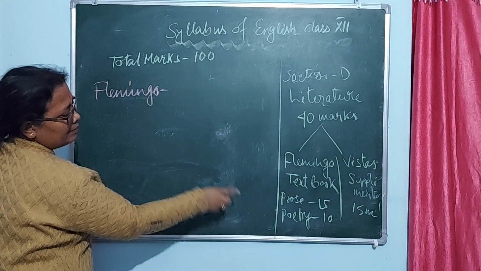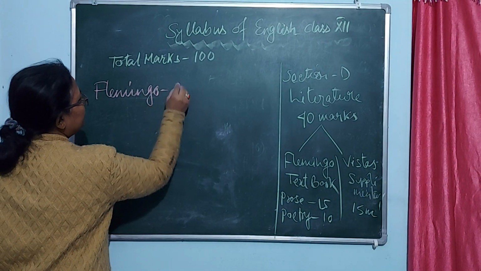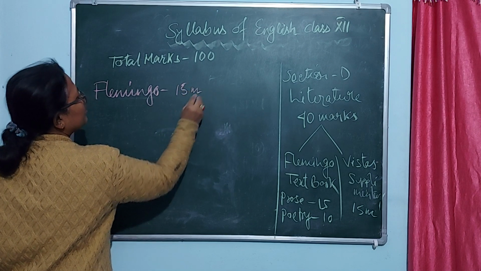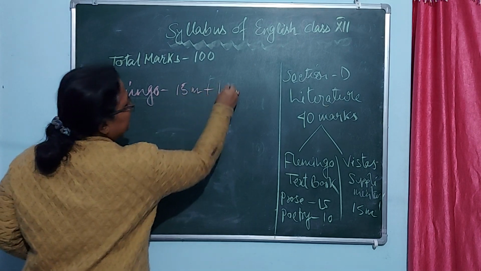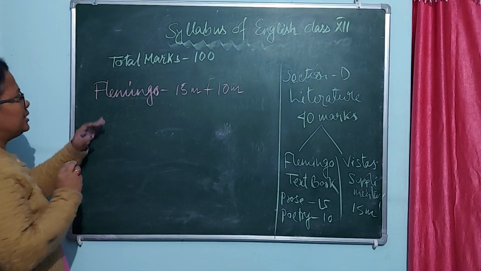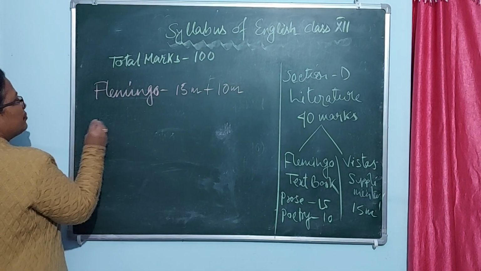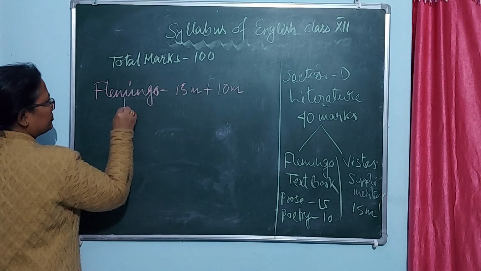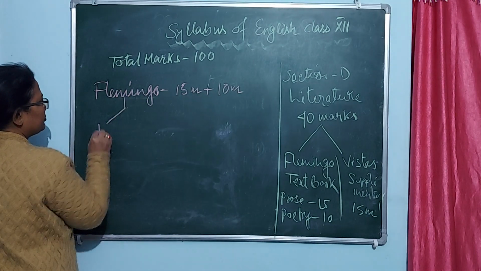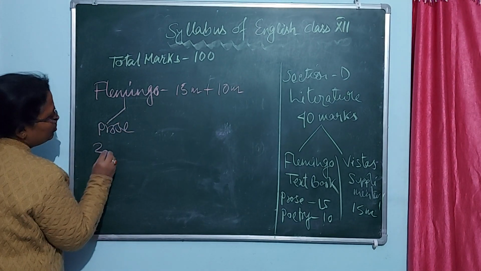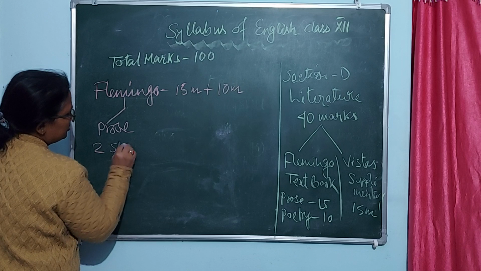In Flamingo I have given 15 marks for prose plus 10 marks for poetry. Now this 15 marks prose. What is in prose? From Flamingo prose, short questions.